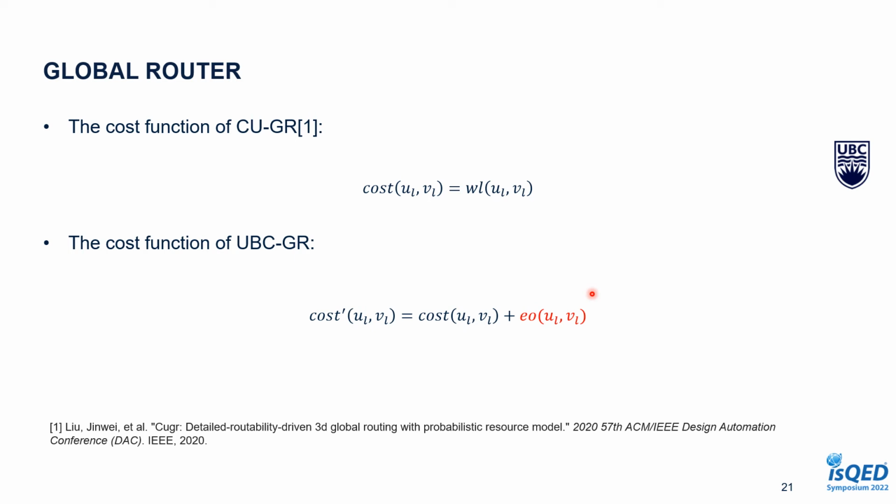The higher congestion, the larger estimated overflow, and the larger our costs. And in UBCGR, every time it does routing, it always chooses the route with the lowest cost. So by doing so, it can avoid routing through those tiles that have a high congestion level.